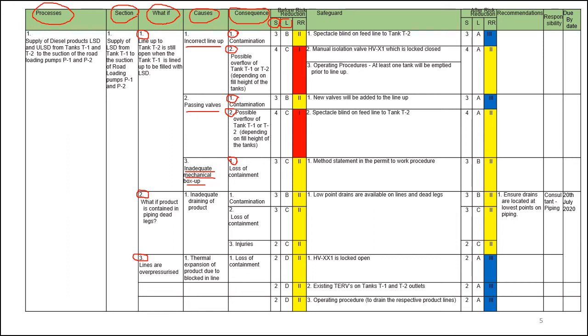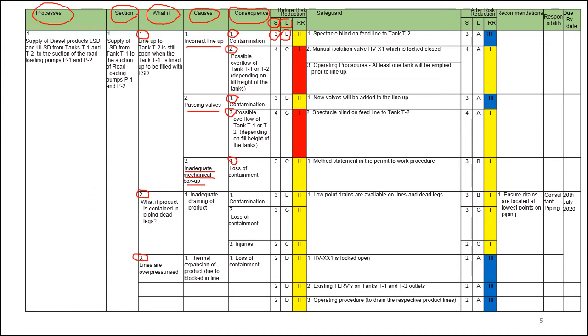So looking at the first consequence, which is contamination because of incorrect lineup, we have a severity of 3 and a likelihood of B, which is what the team decide. The automatic lookup is done from the risk matrix, which we will show in the next slide.